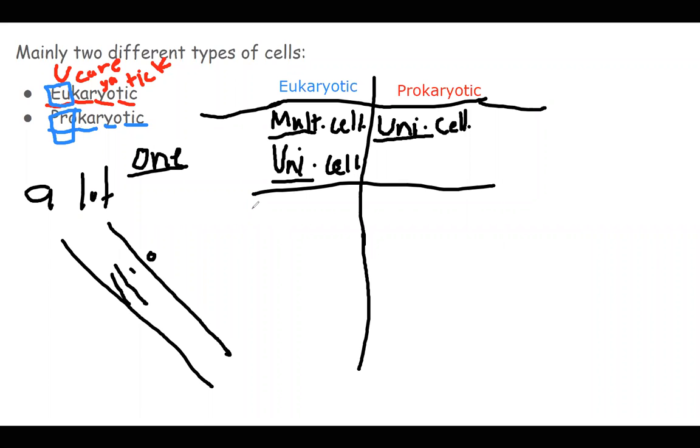So eukaryotic cells have a nucleus, and prokaryotic cells do not have a nucleus. A nucleus technically is an organelle. I'll review that term. Organelle means an organ.